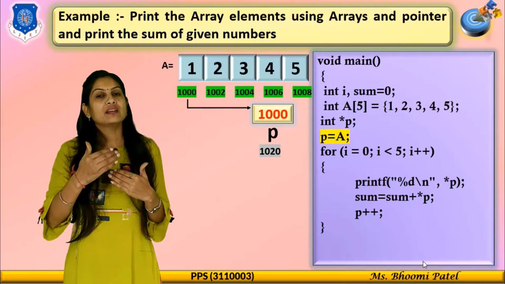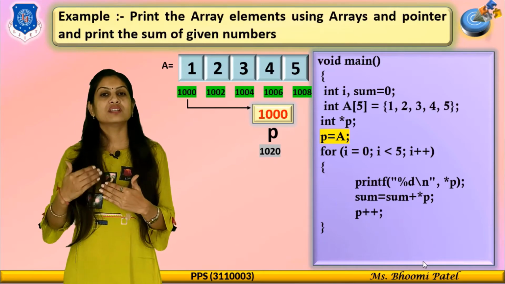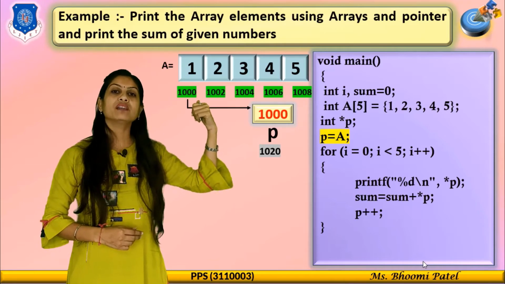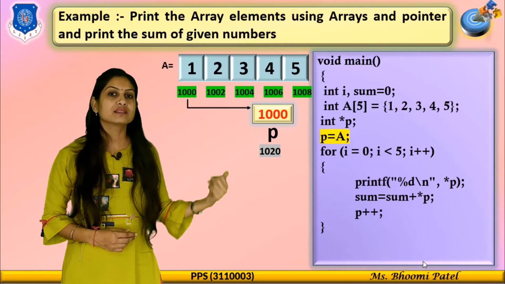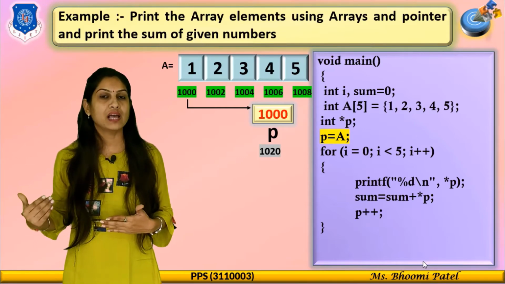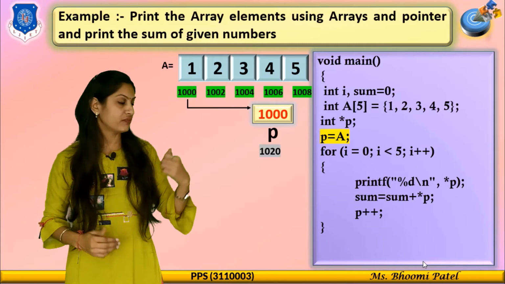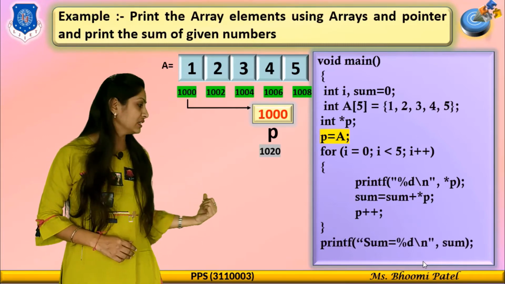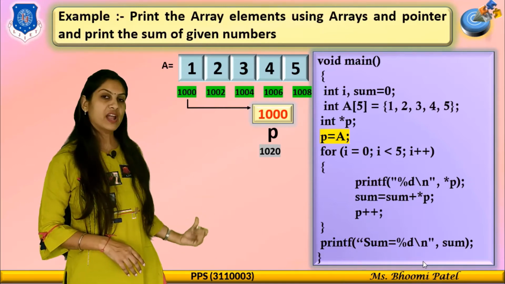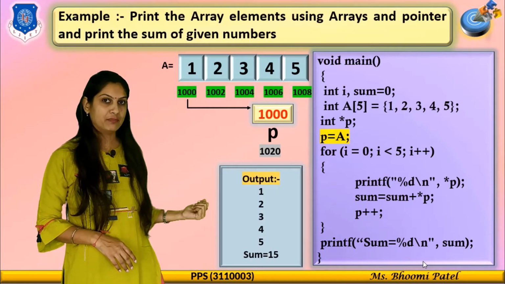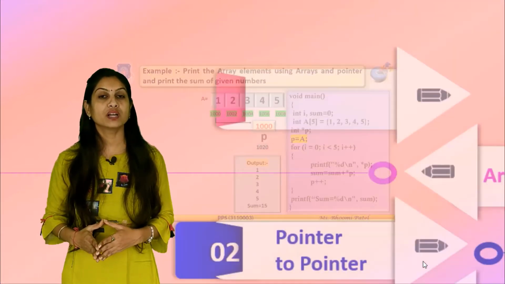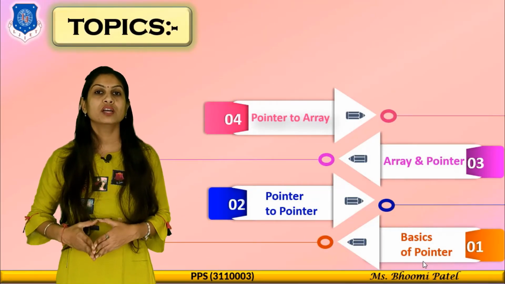Then i will be incremented and the pointer is also incremented, so it jumps onto the third element address, that is 1004, and prints that value, that is 3, and finds the sum, that is 3 plus 3, how many? 6. Likewise it performs for all the values 1, 2, 3, 4 and 5 and finally prints the sum using the last printf, sum equals %d comma sum. So here I am finding the output, that is the 5 different elements 1, 2, 3, 4, 5 and then the sum is 15.